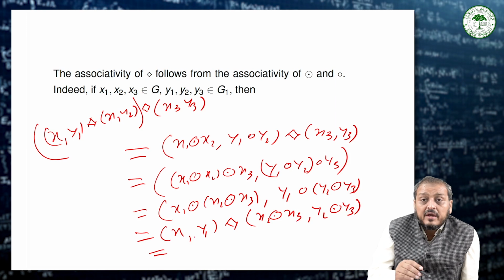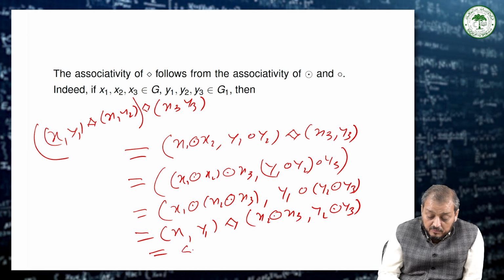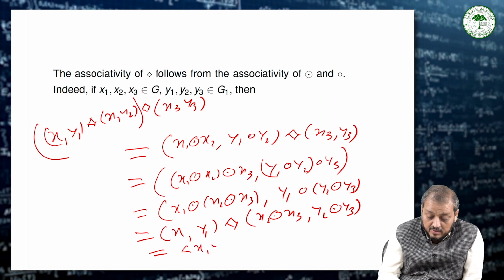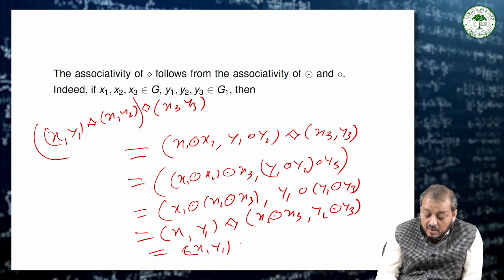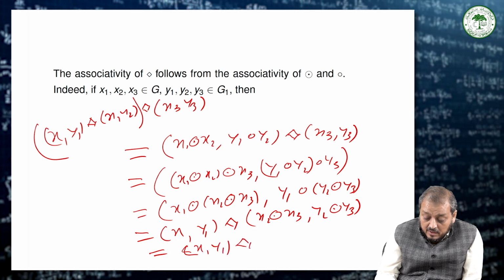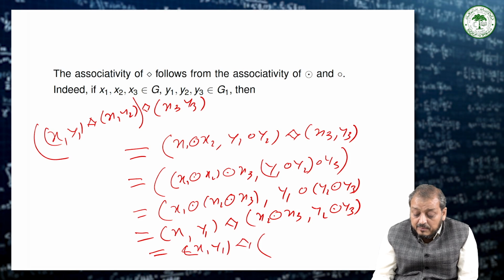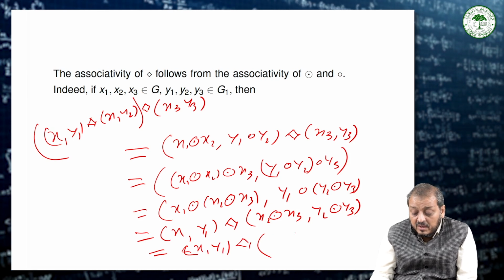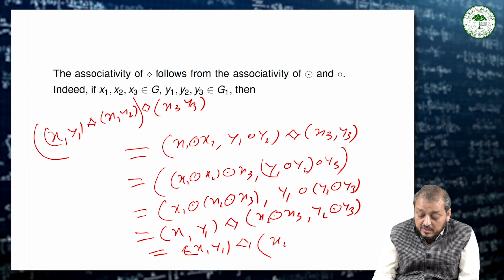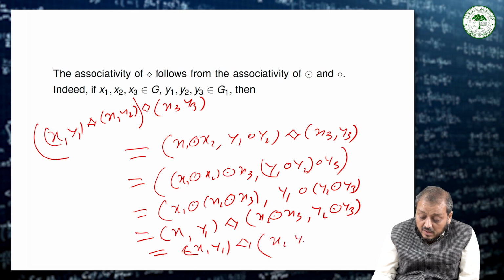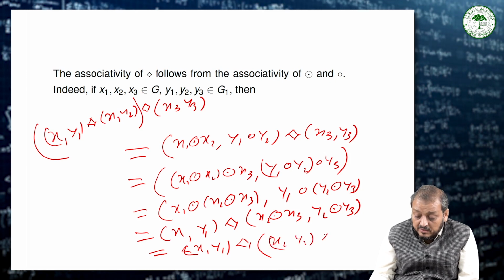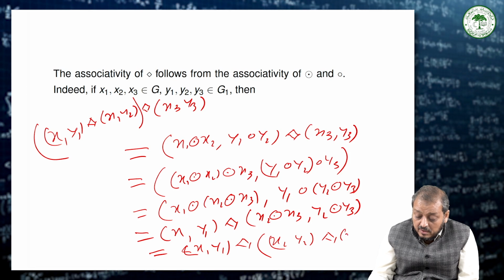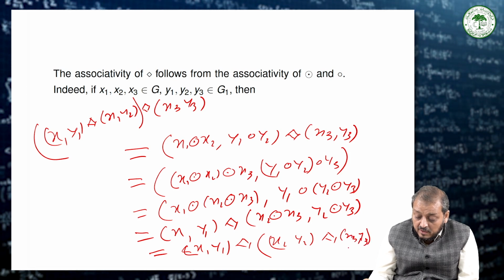And now this again we are using in the form x1, y1, and this is equal to the diamond, and then this can be written as the product of x2 and y2, and this is the diamond of x3 and y3.